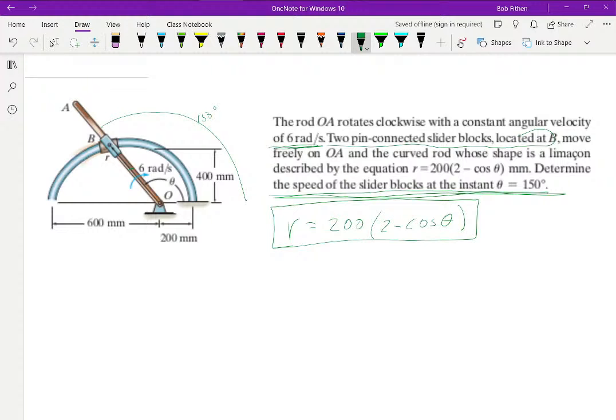If you run back over here, we could rewrite it: r dot u_r plus r theta dot u_theta.